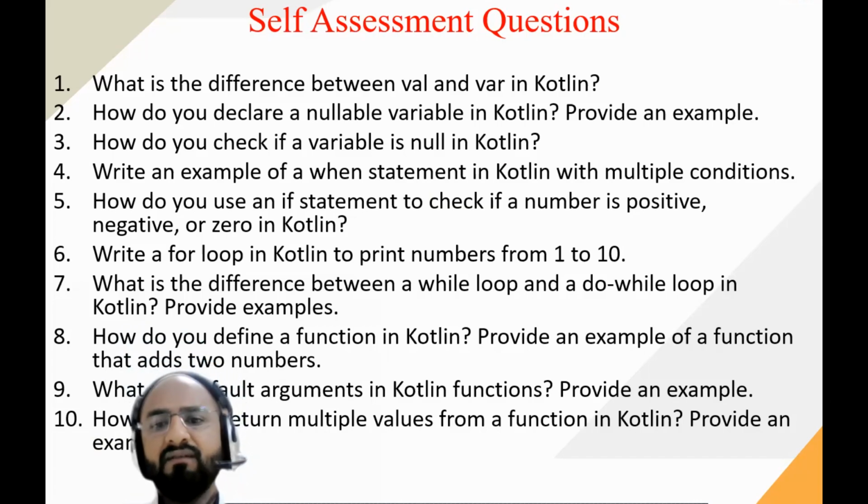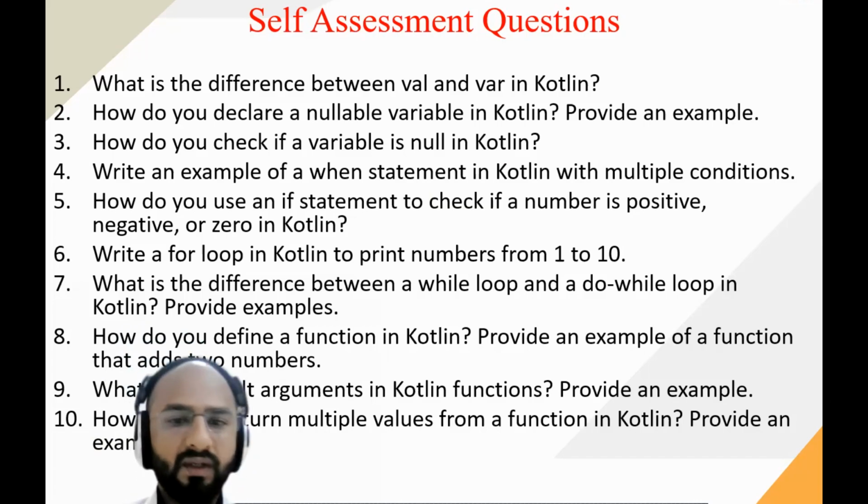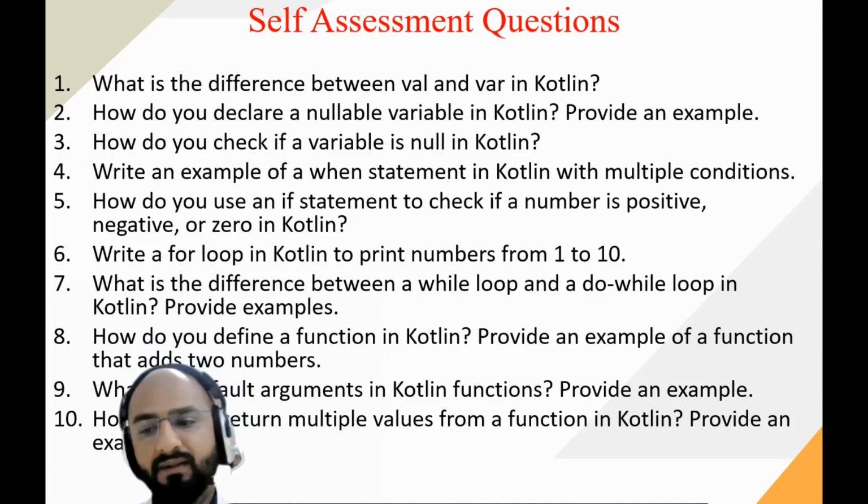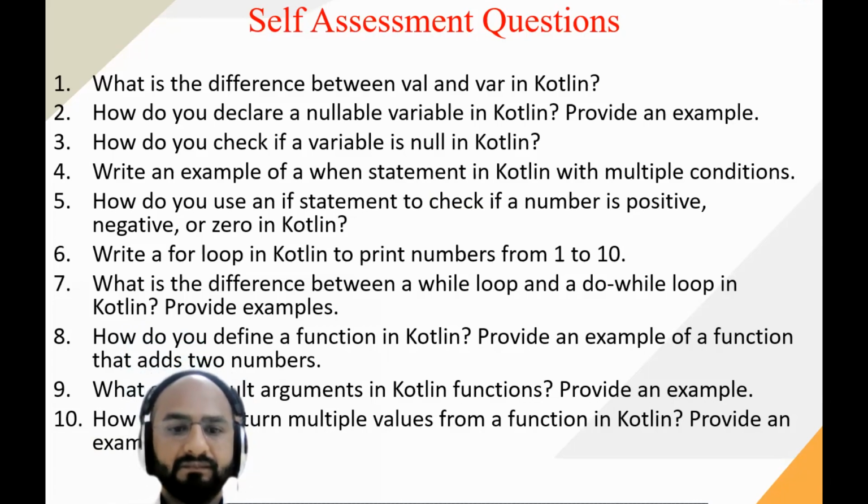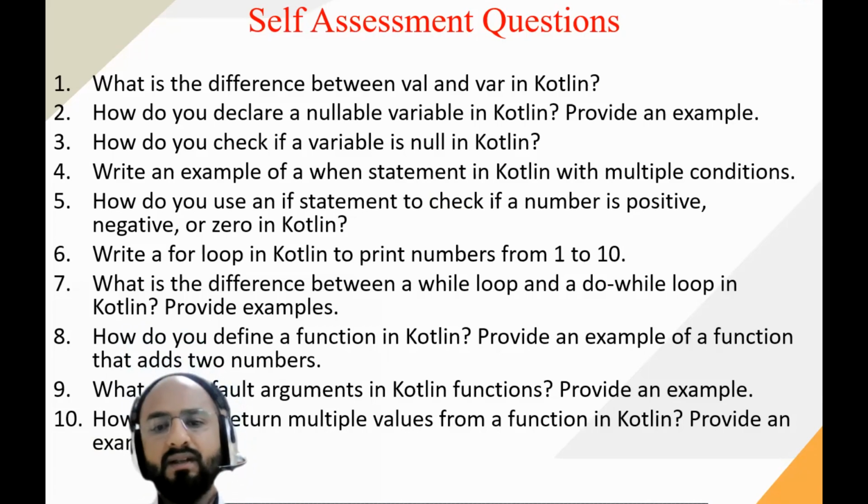What is the difference between while loop and do while loop in Kotlin? Provide an example. How do you define a function in Kotlin? By using the fun keyword, you can define a function in Kotlin. Provide an example of a function that adds two numbers.